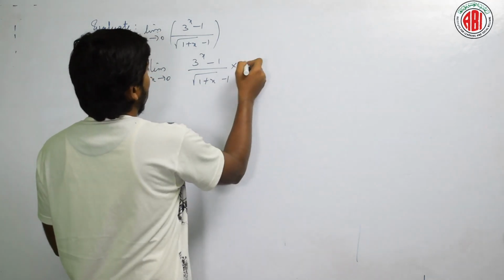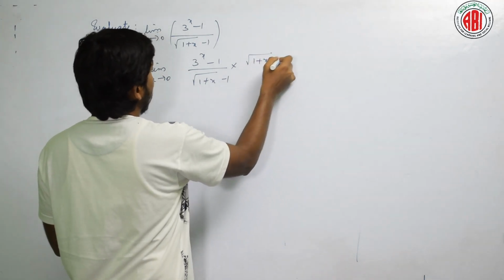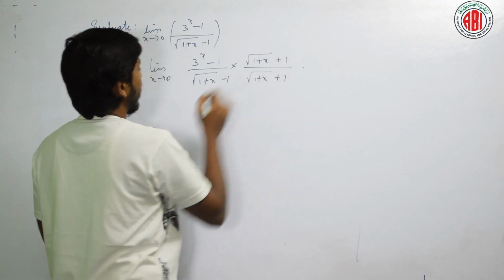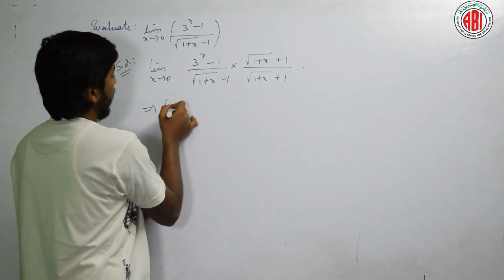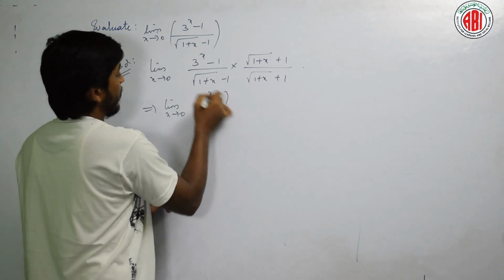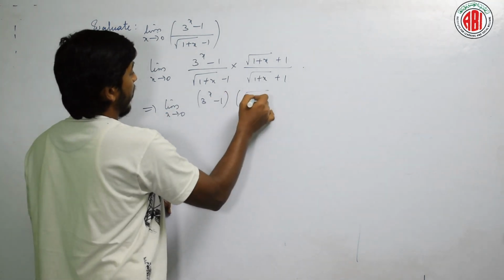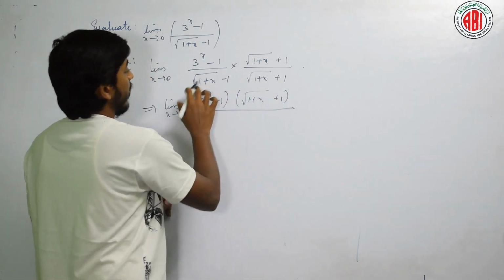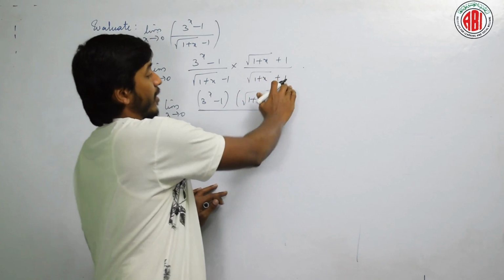That is, multiply and divide with (under root 1 plus x plus 1) divided by (under root 1 plus x plus 1). Is it clear? Yes, (3 power x minus 1) into (under root 1 plus x plus 1) divided by (under root 1 plus x minus 1)(under root 1 plus x plus 1).